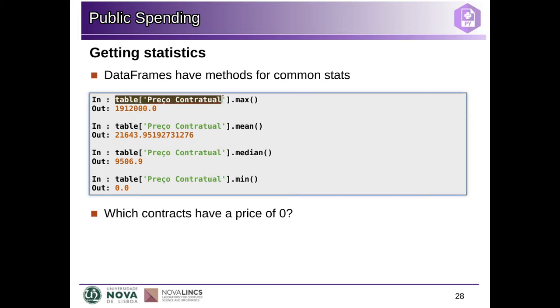Data series in pandas have methods to get the maximum, the average, the median, the minimum, and so on. So it's easy to find the maximum, minimum, median, or mean of the price. And one thing that we can see here that is a bit strange is that the minimum value is 0. So it seems that there were some acquisitions that were for free. They have no euros there.